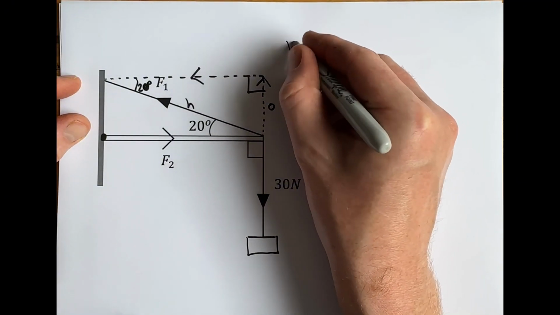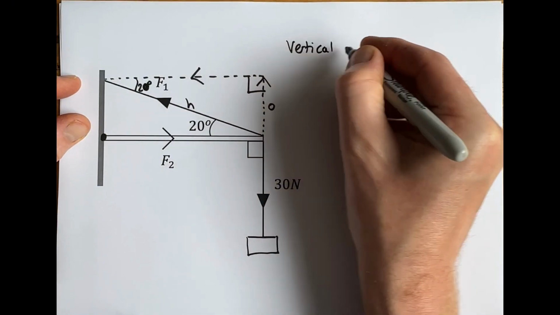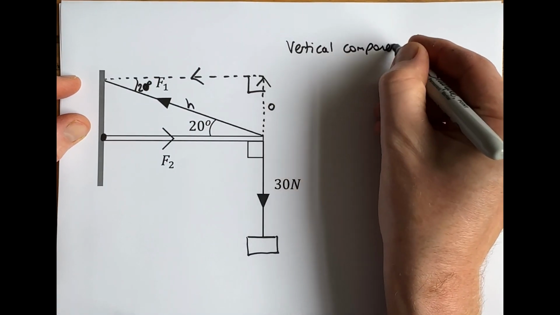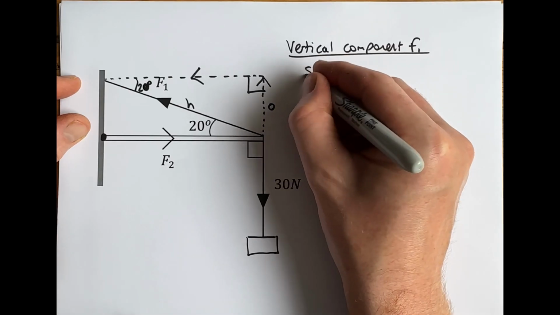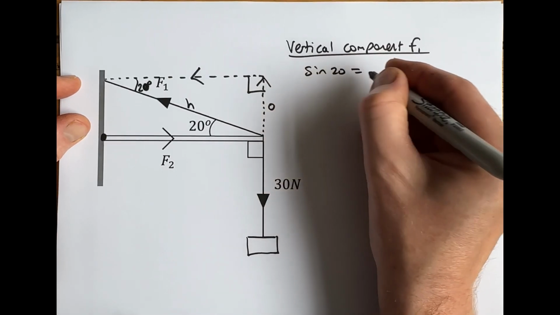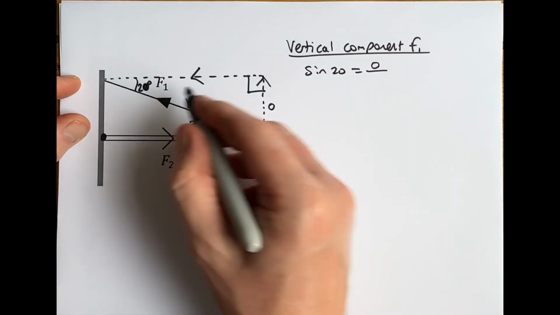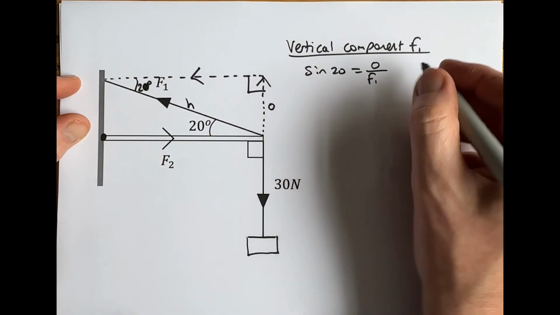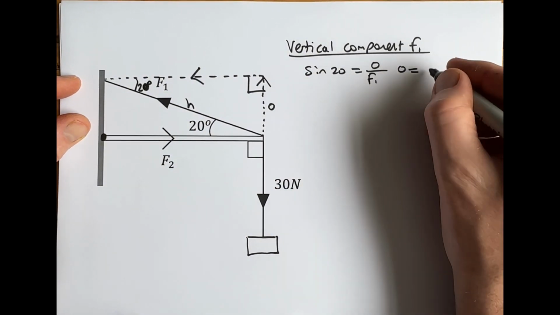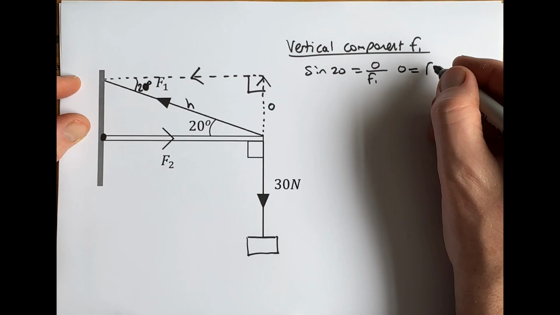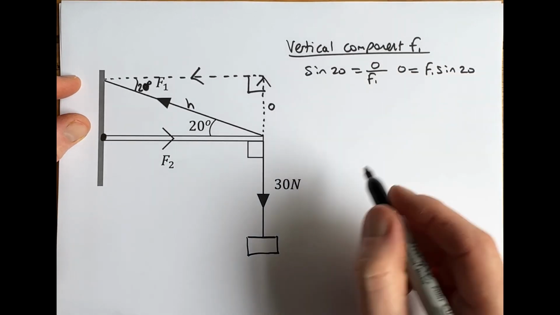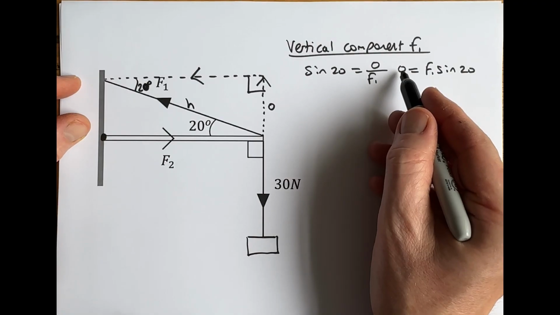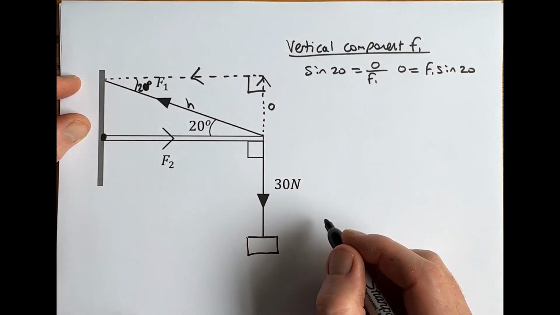So the vertical component of F1 is going to be: sine 20 is equal to opposite over hypotenuse, and hypotenuse is F1. So the opposite is what we're trying to work out. So that's going to be equal to F1 sine 20, okay? So that's the vertical component of F1.